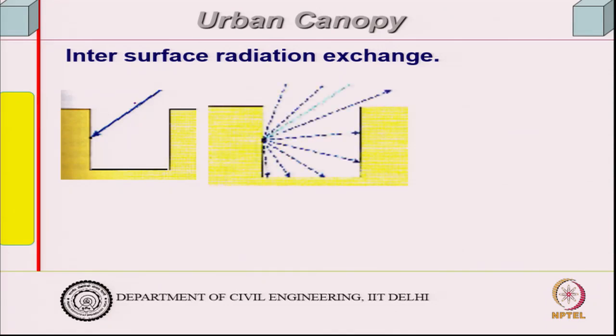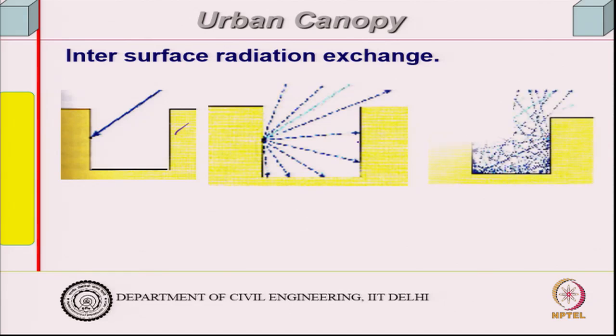Now, this radiation will then reflect, supposing I have another building here. I looked at a single building earlier. Now, if I look at multiple surfaces, it will get reflected here, and actually it will have a large number of interreflections, because this reflection, depending upon the angle of incidence, will go here, this will go there, and there will be an infinite number of reflections.